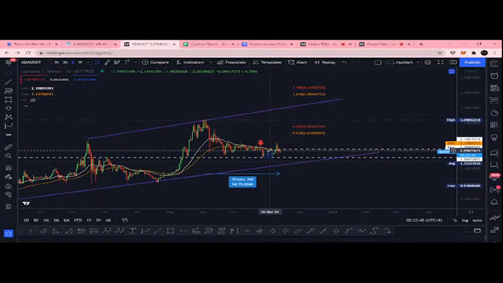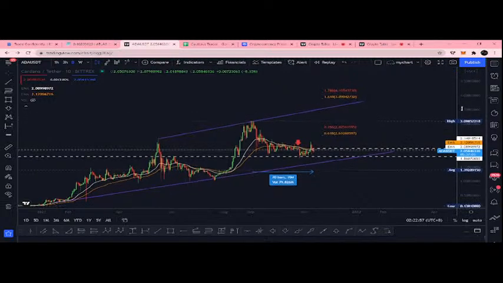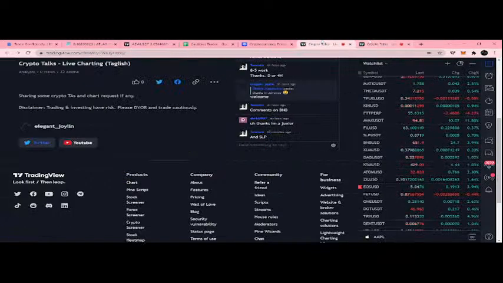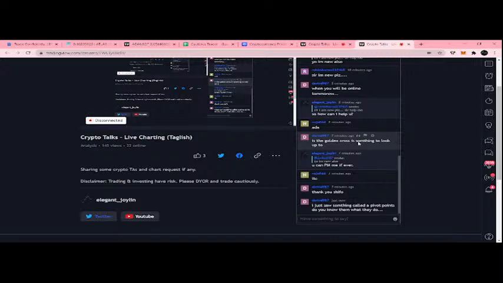But yeah, actually I can start accumulating while waiting for that golden cross. Initial target at all-time high at 310 and possibly year-end target to $5 area. Support at 1.86. So I think that's it. The golden cross is something to look up to. Yeah, golden cross and death cross.